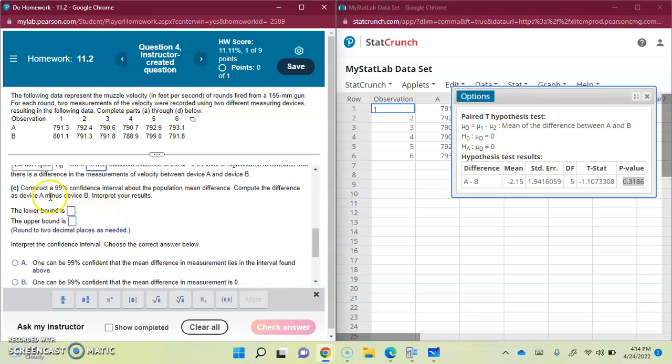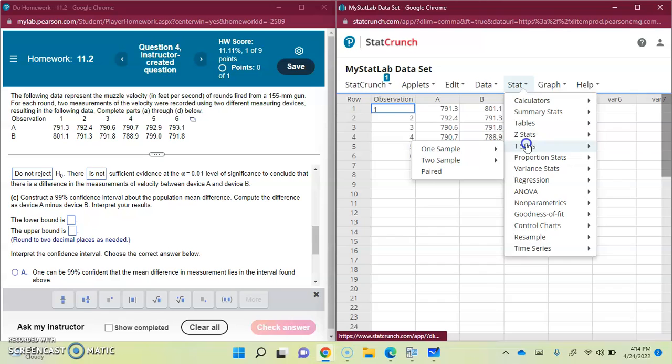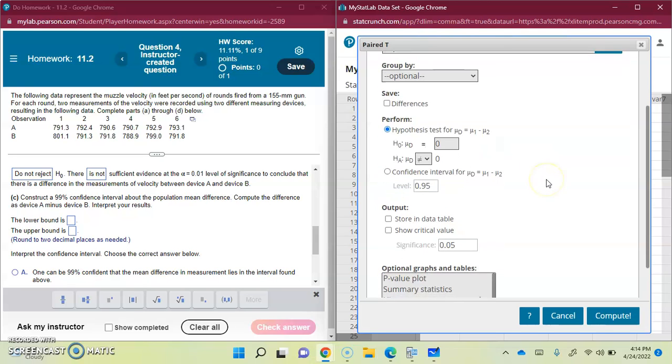Now they're also asking us to construct a 99% confidence interval about the population mean difference. So for the confidence interval, you just need to do this. When you run the paired t-test, everything else we did similarly. We want the confidence interval for the differences.